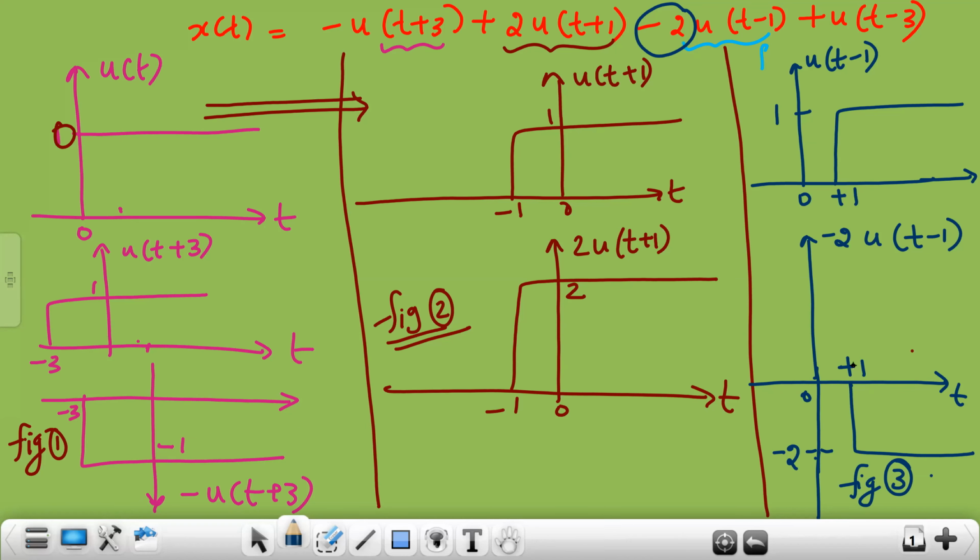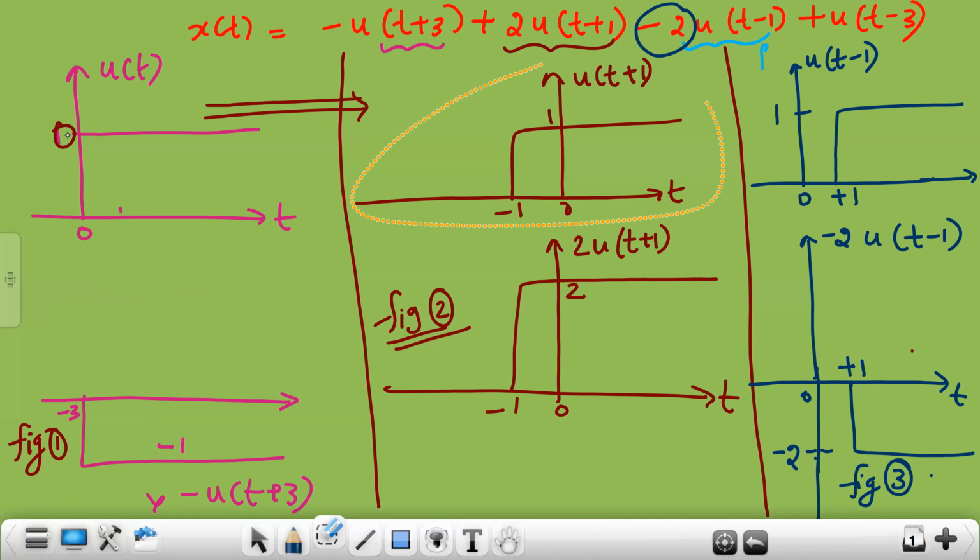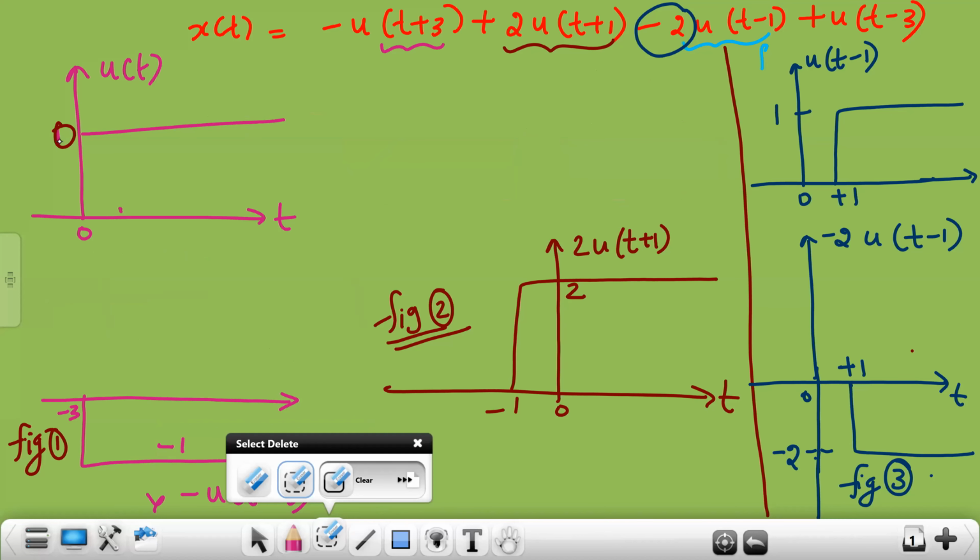Then we will go for the fourth term of the given equation. So coming to the fourth term, here you have.